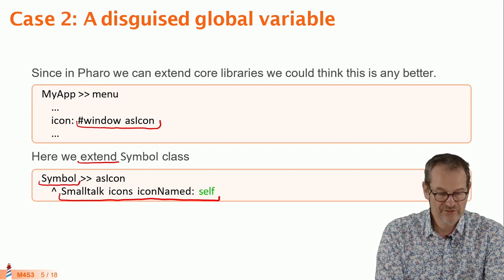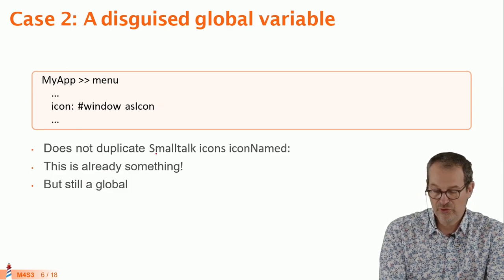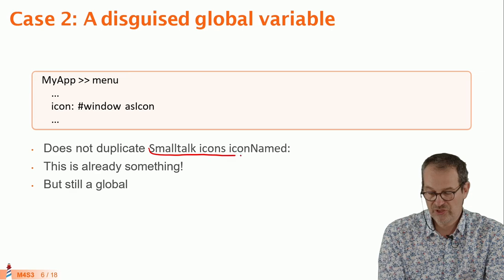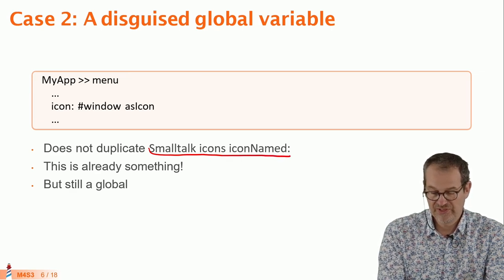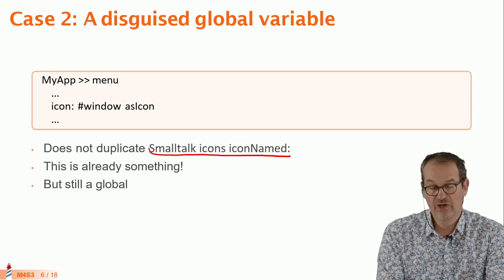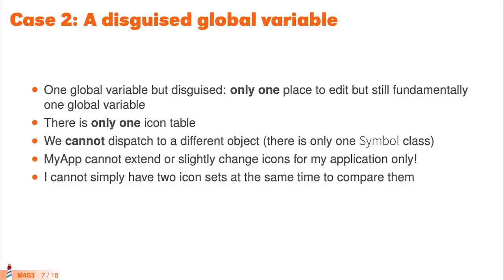So let's analyze the situation. This solution does not duplicate this expression everywhere. So this is already something, because it means that there is only one place in the system where I can change it if I want, but still this is a global. I still cannot have two icon sets in the system. So what we see is that a global variable can be disguised, but it is still there.